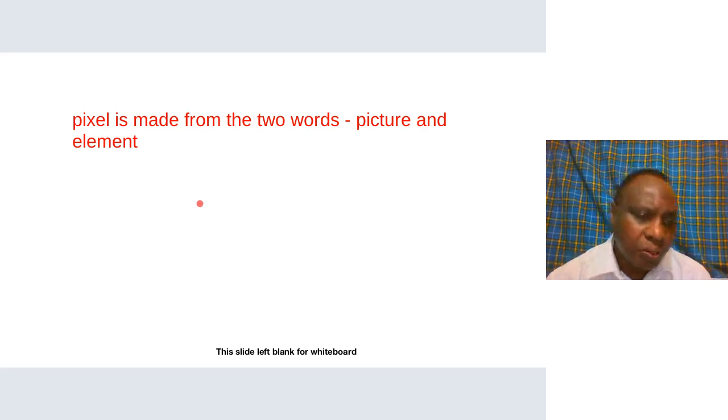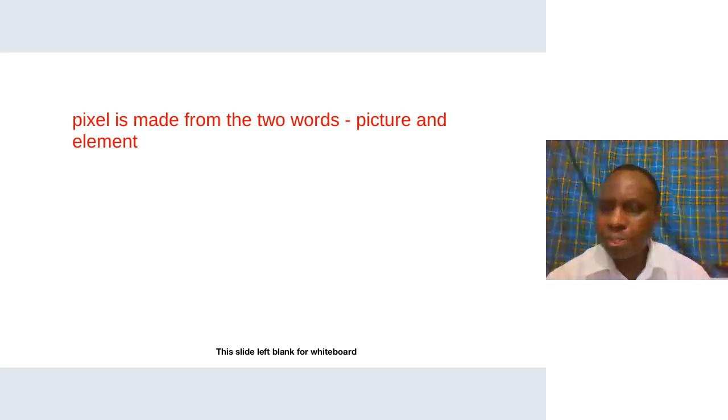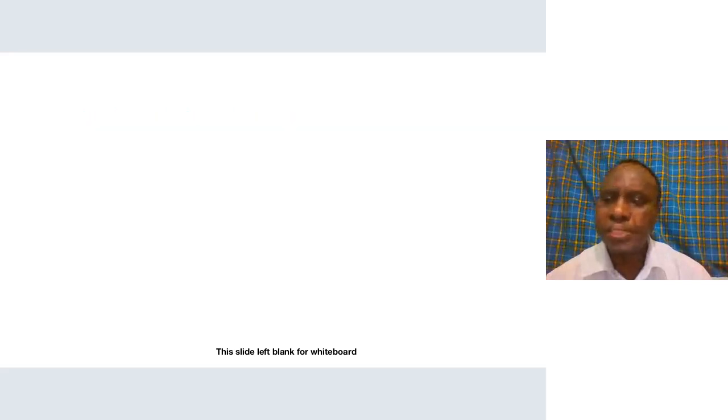Okay, so we are there. And so when it comes to the concept of what we are calling the bit depth, how does it work? So just trying to do a demonstration. This system is not very easy to use all the time. Some things are not very easy to do with the whiteboard, but nonetheless, we can still use it to do some demonstration.